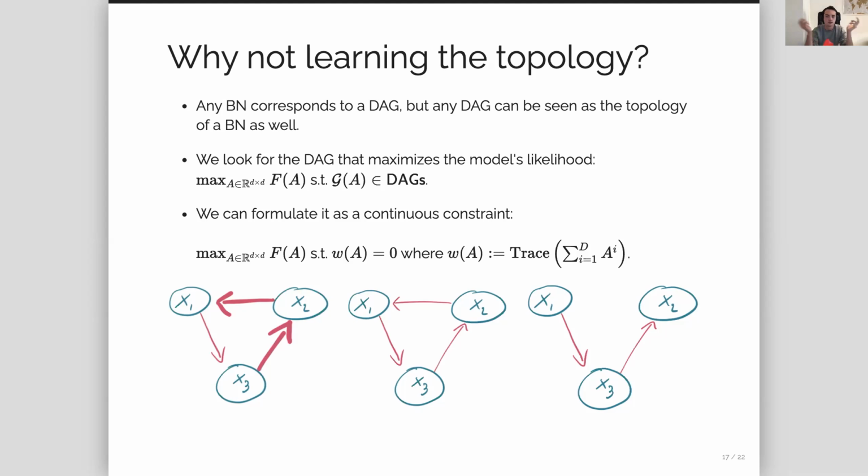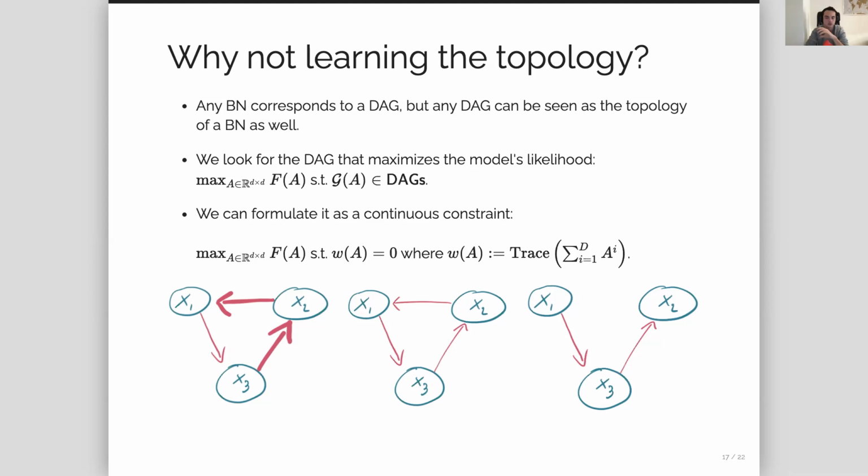So as strong, in terms of Bayesian networks, it doesn't make any sense, but in terms of directed acyclic graph, you can imagine that it just means that the information is flowing better if the connection is strong. And so then we can reformulate the acyclicity constraint as a function W of A that is as large as there are paths with strong connections to go from a node to itself.